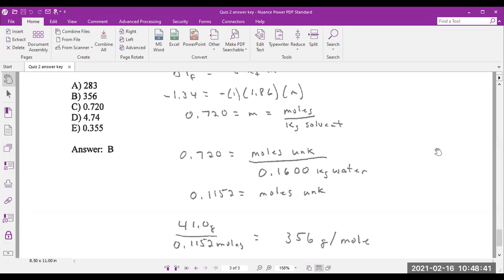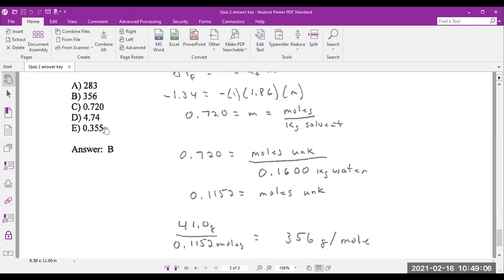And if you think about it for a second, the lowest atomic weight that we have is hydrogen at 1. So if we look at our choices on the multiple choice answer here, the 0.720 and 0.355, it'd be pretty difficult to have a compound that had a molecular weight less than 1.